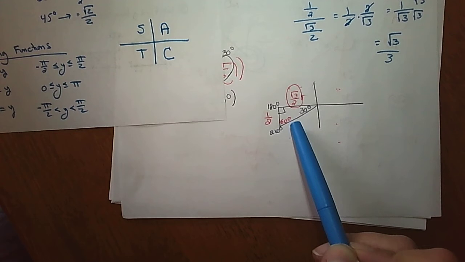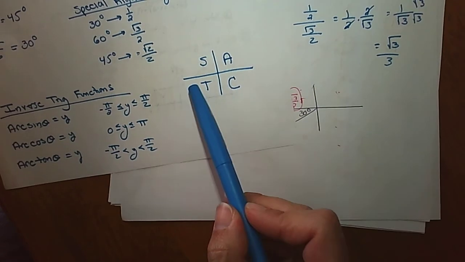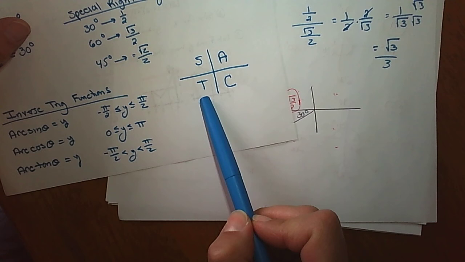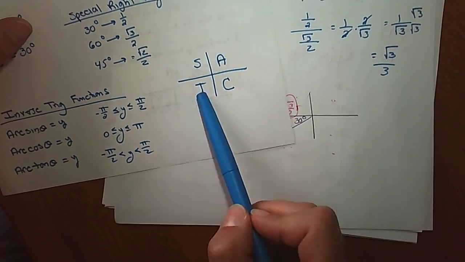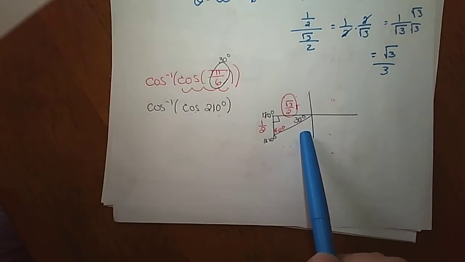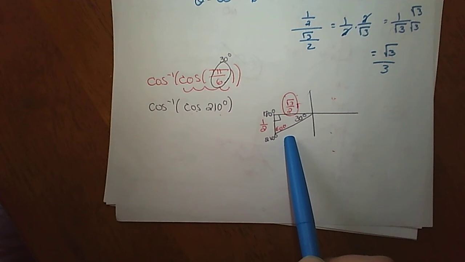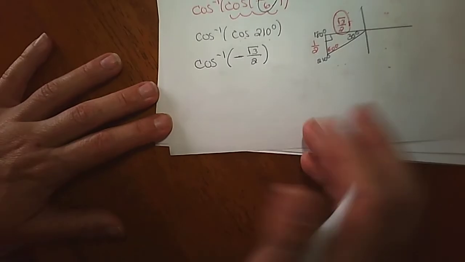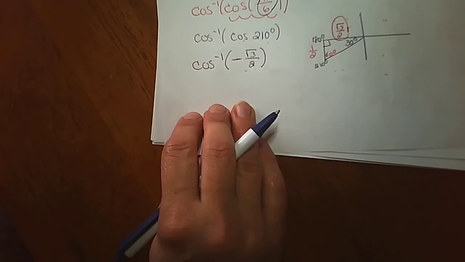We're in the third quadrant. The third quadrant has a T in it. The T means tangent is positive, but only tangent is positive. So what does that mean cosine is going to be? Negative. Okay. So we're done with the first part of the question.